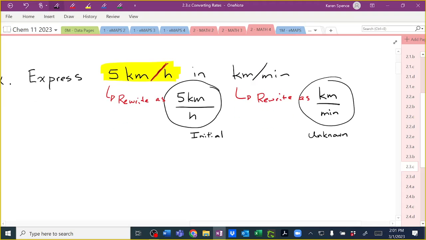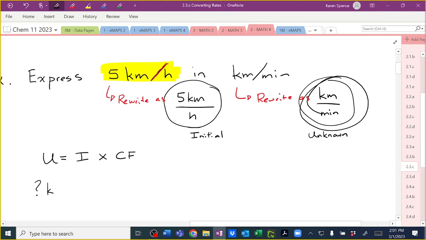So remember, you're going to write it down in the format, my unknown is equal to my initial quantity times the conversion factor. So my unknown, kilometers per minute. How many kilometers per minute?